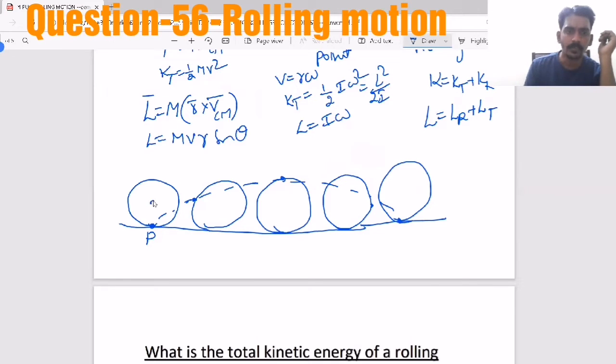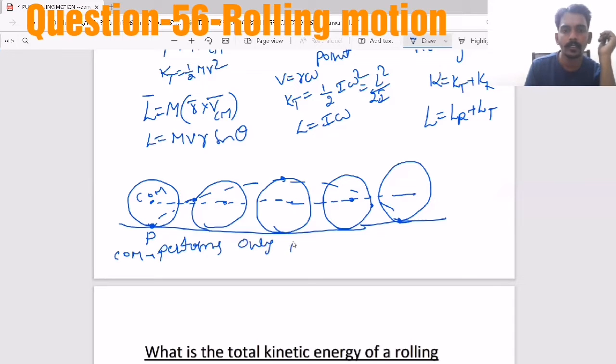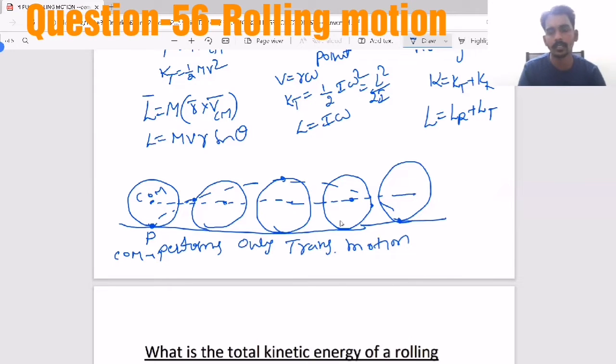Only the center of mass will not rotate; it moves along a straight line. So the center of mass performs only translational motion. All the remaining particles move with different velocities in different paths.